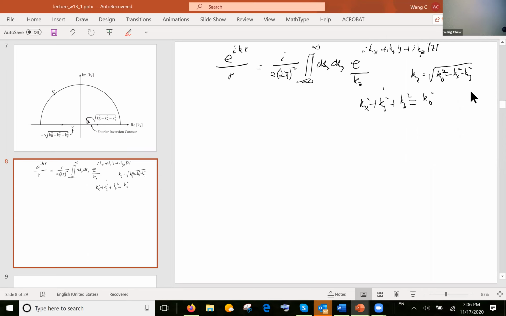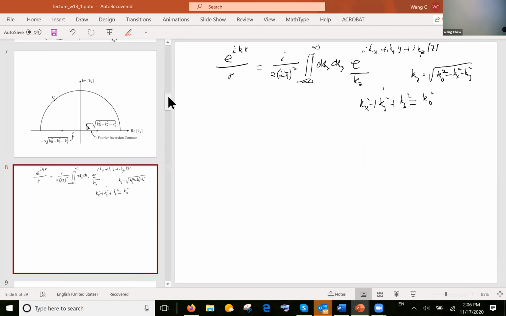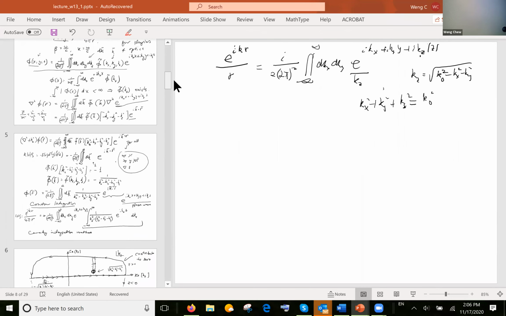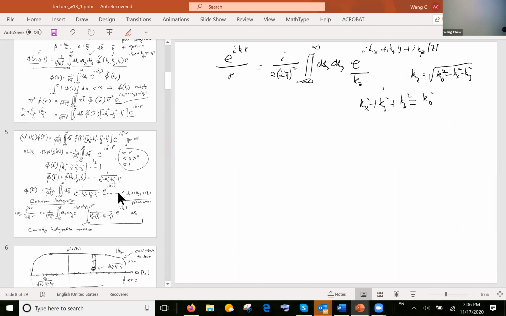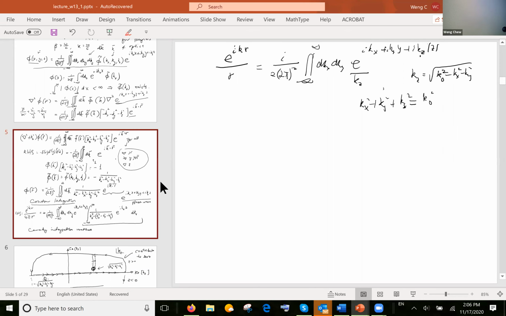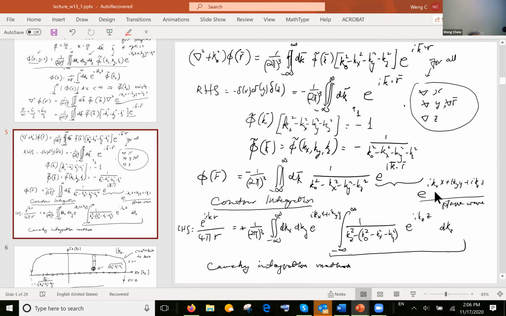Previously, we don't have this nice property, in the sense that when we first derived this expression over here, kx squared plus ky squared plus kz squared can be any value, and it's a 3D Fourier integral.